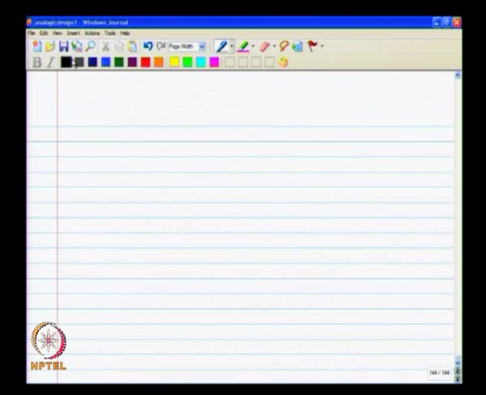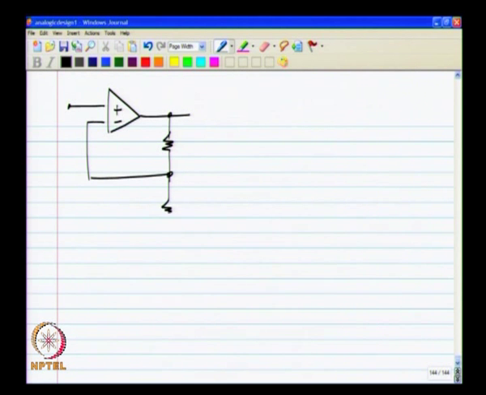Now, let us take a look at this whole thing in terms of the loop gain of the system. So, we now have an op amp whose transfer function is not of the form omega u by s. So, let us write it in general terms.